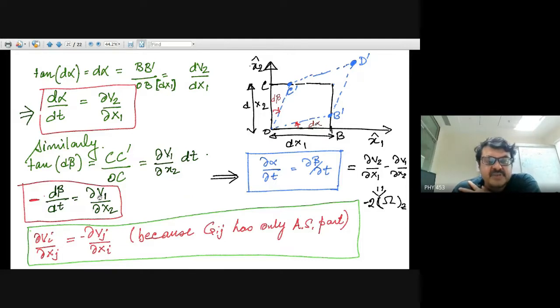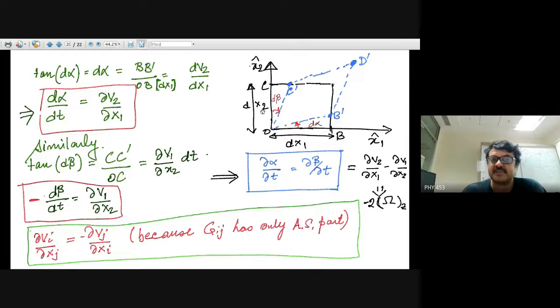And if you substitute, suppose del V1 del X2, you will realize, either substitute del V2 del X1 in terms of the other one, or substitute this in terms of the other one, you'll see that del alpha del t equals del beta del t, which means the change of this angle and that angle is exactly the same, which means that if this has moved this much, then del beta would have moved in the same manner.